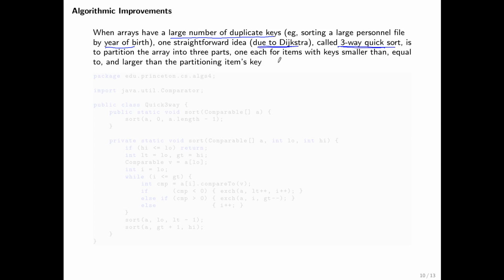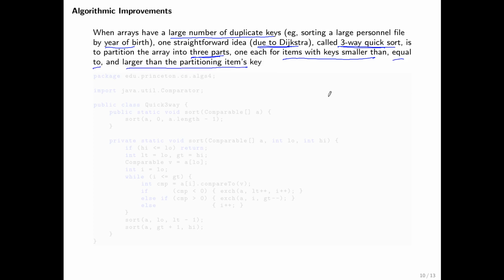And in that approach, what we do is, instead of considering 2 partitions, we consider 3 partitions of the input array, right? And so what are these 3 partitions? Well, one for the items which are smaller than the pivot, one for items that are equal to the pivot, and finally one for the items that are larger than the pivot.